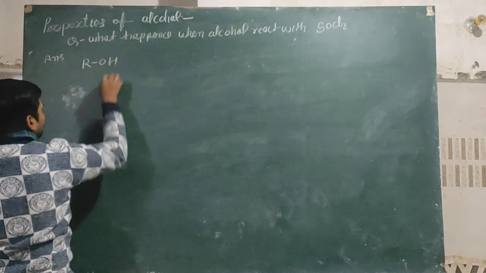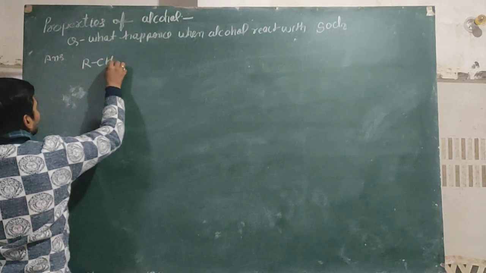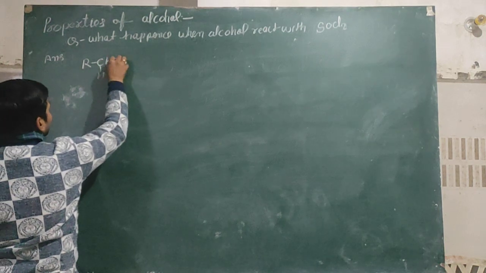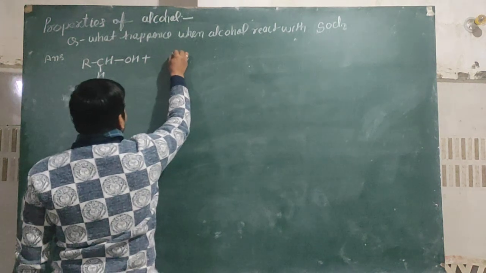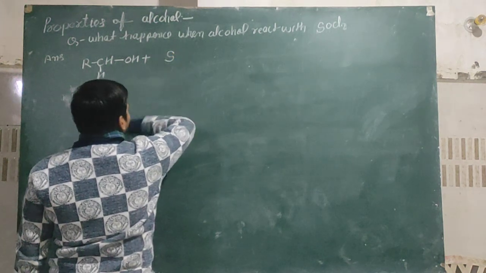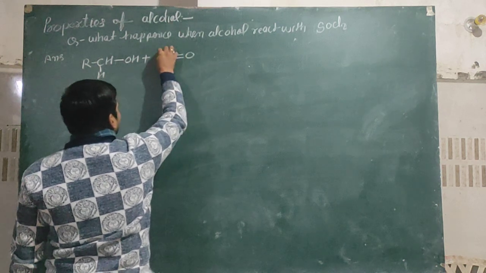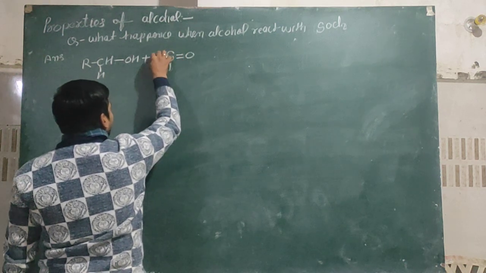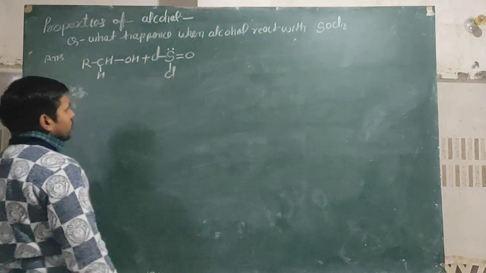ROH means alcohol, CH2 and OH, reacting with thionyl chloride. Thionyl chloride means a double-bonded oxygen and 2 chlorine atoms directly bonded with sulfur.